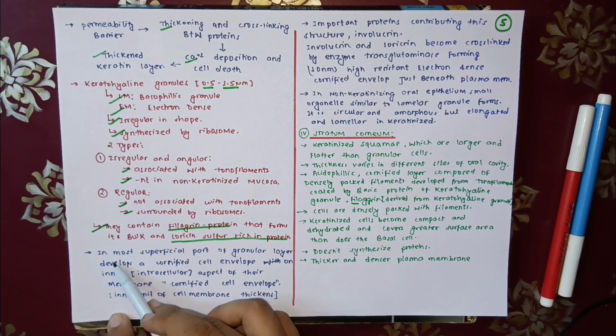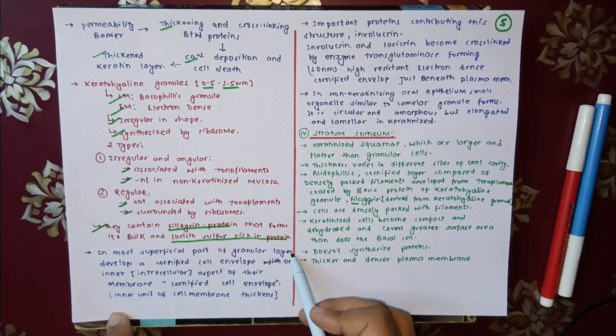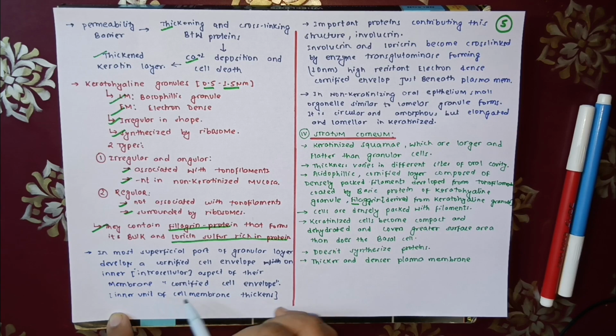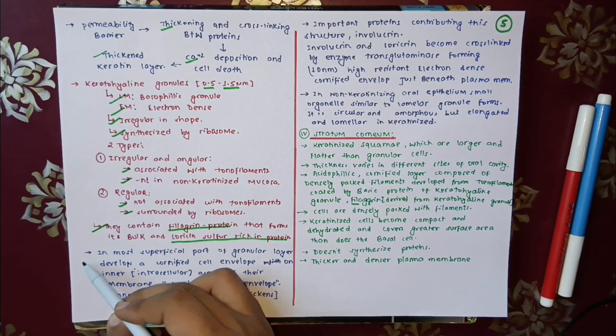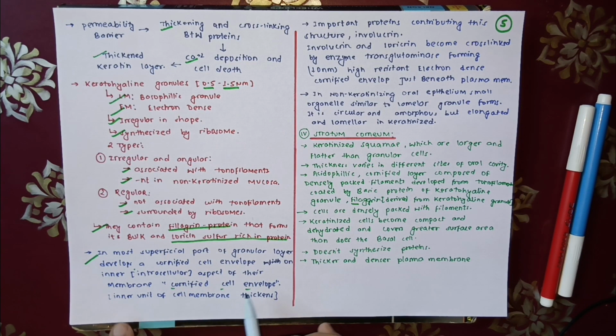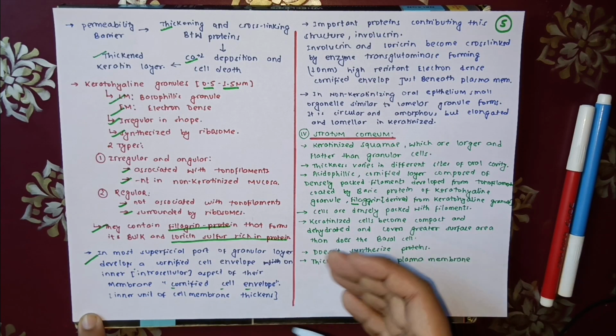After that, in the most superficial part of the granular layer, a cornified cell envelope develops on the inner or intracellular aspect of the membrane. The inner unit of the cell membrane thickens. So there is a formation of the cornified cell envelope in the superficial part of the granular layer, and the cell membrane's inner unit is thickened.